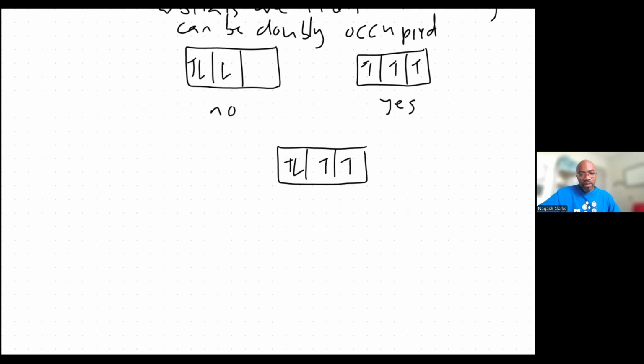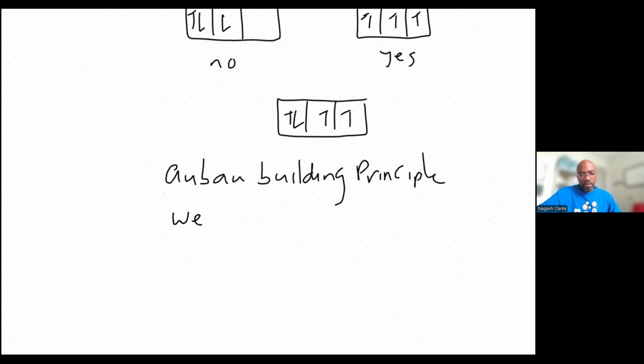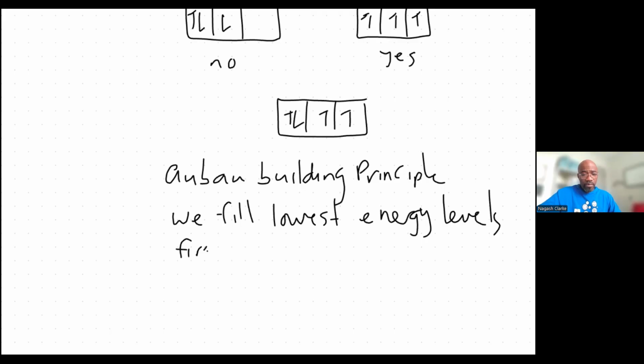And then the Aufbau principle: fill the lowest energy levels first. So we start with n equals 1, n equals 2, and so on.